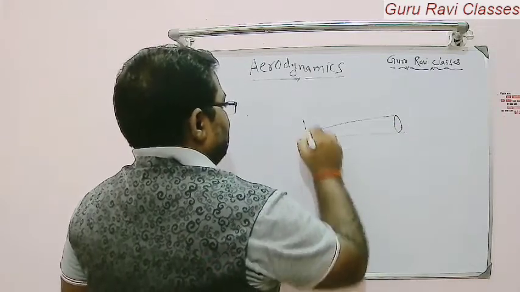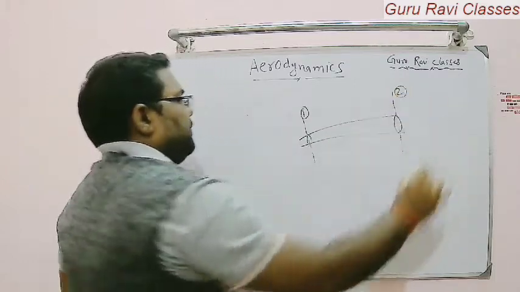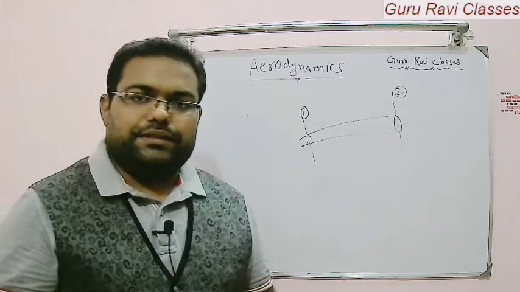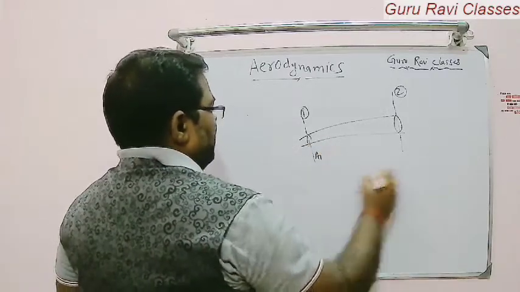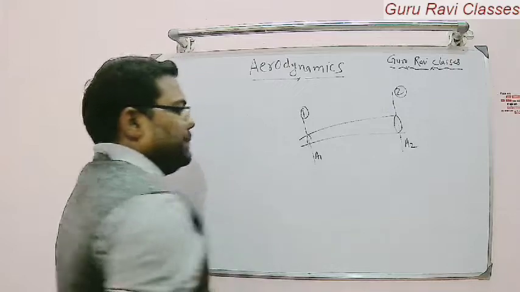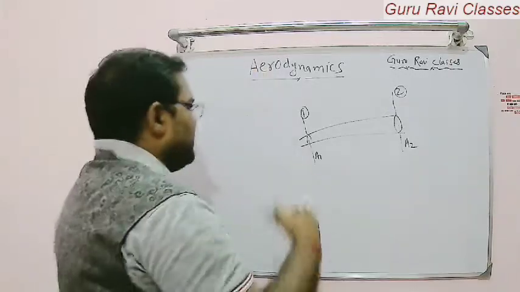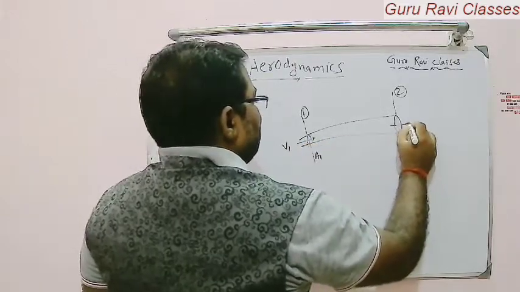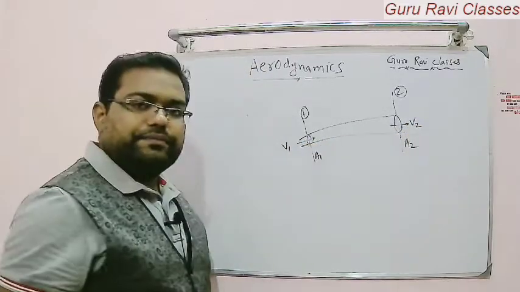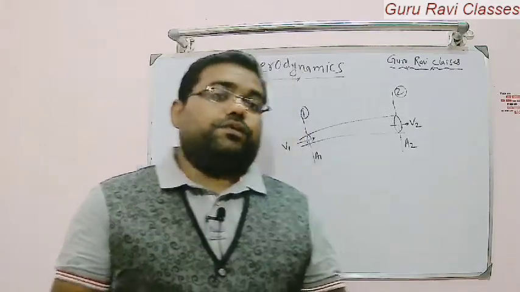Say this is section 1 and this is section 2, and flow is taking place through it. Let's suppose the inlet area here is A1 and the area here is A2. Let's suppose the velocity with which flow enters is V1 and the velocity with which it leaves is V2.